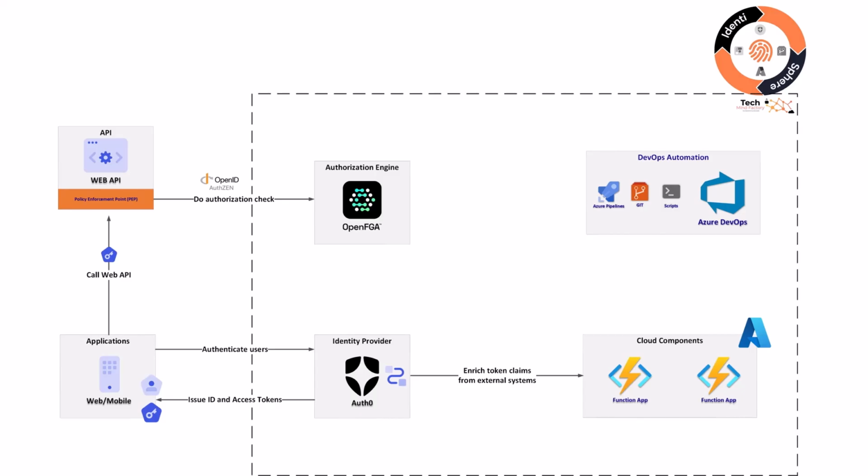And if we need to enrich some claims in the tokens, like ID token or access token, we can actually use Auth0 actions to call Azure functions, get information about the user, and include this information in those tokens issued to the application.